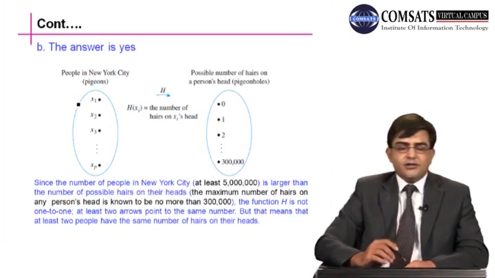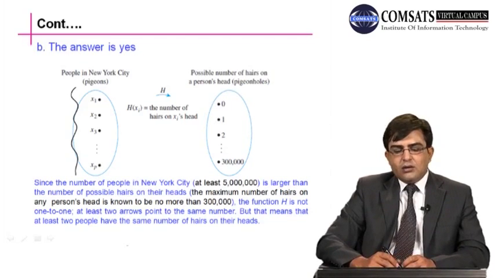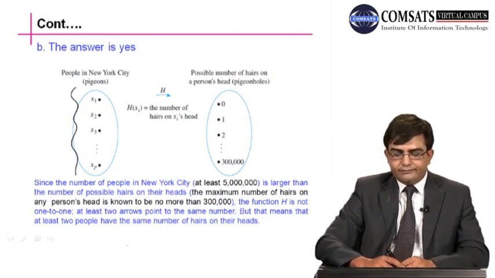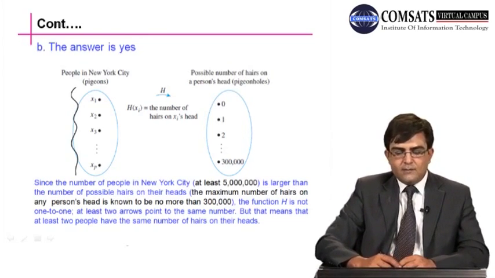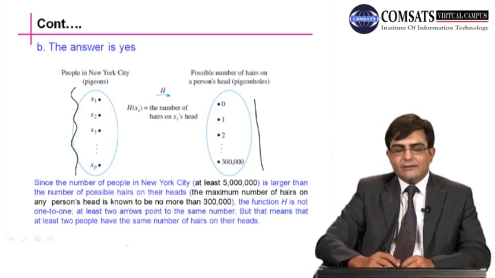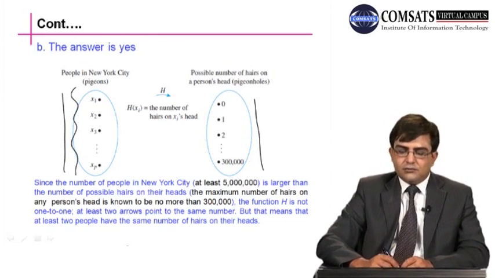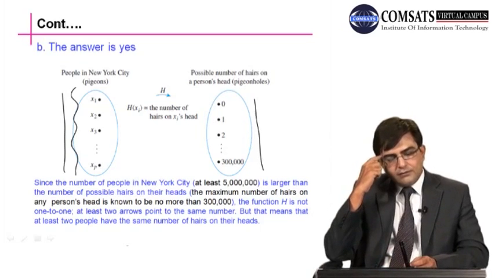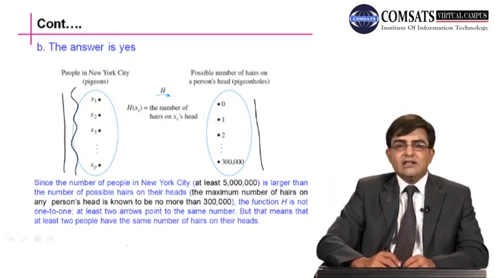Now in medical science it has been proven that on any person, the maximum number of hairs on the head is basically 300,000. So the codomain set contains 300,000 elements, and the domain set contains 500,000 elements, because approximately 500,000 people live in New York City.